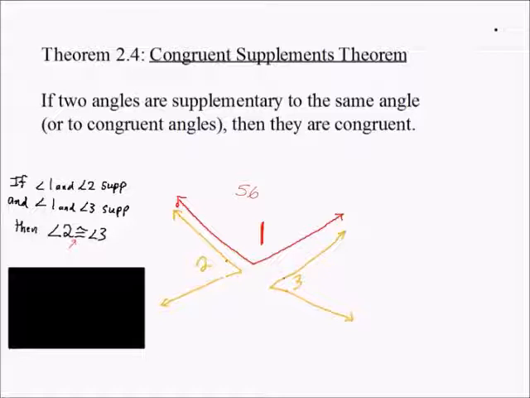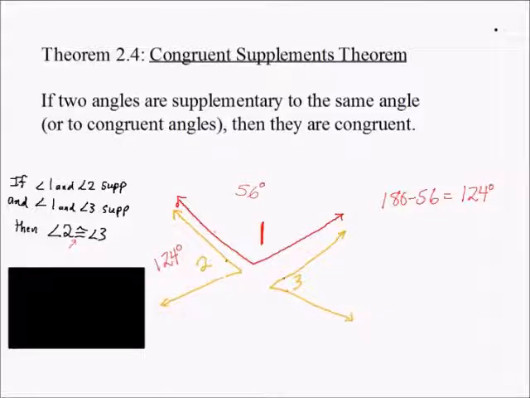Let's look at this. If angle 1 is 56 degrees, and we know that 1 and 2 are supplementary, then we need to do 180 minus 56, which is equal to 124 degrees. So angle 2 is going to be 124 degrees.